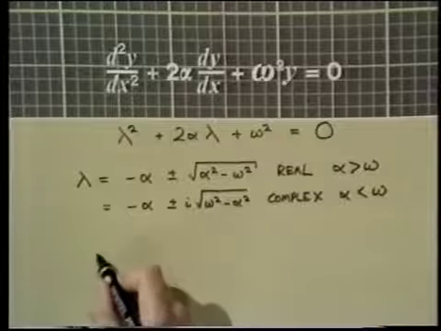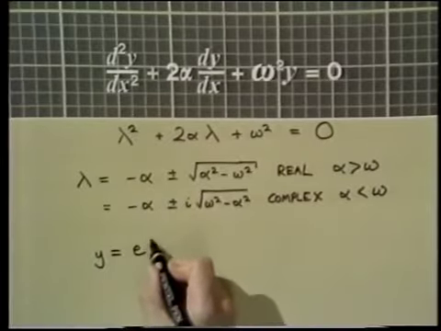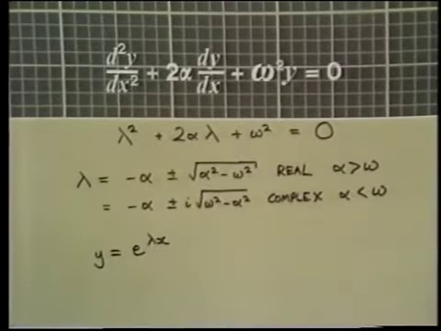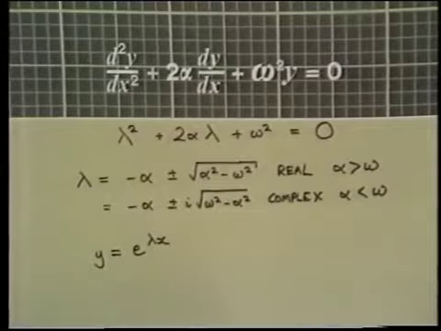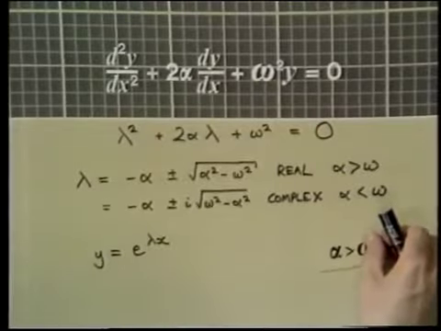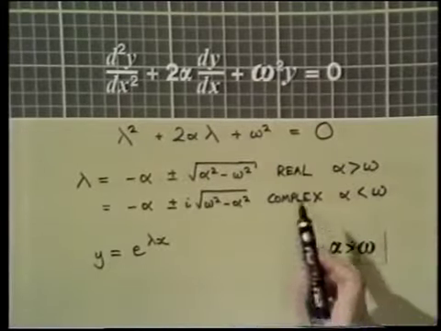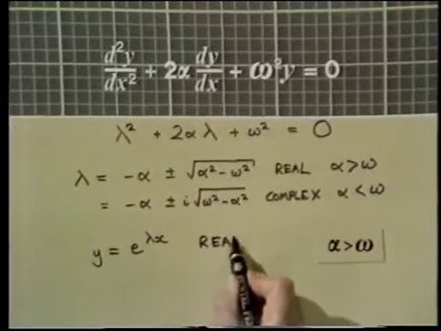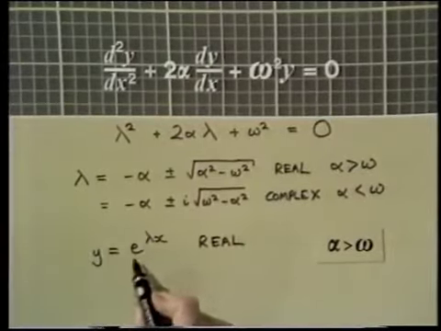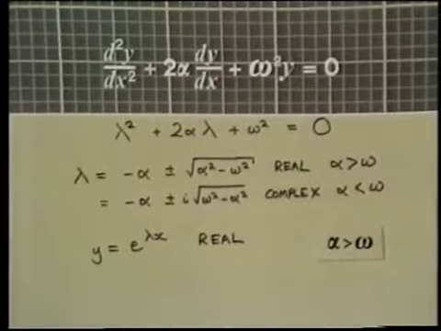If I take a typical solution, e to the lambda x, and suppose I take the case where alpha is greater than omega, then in that case, the roots are real.